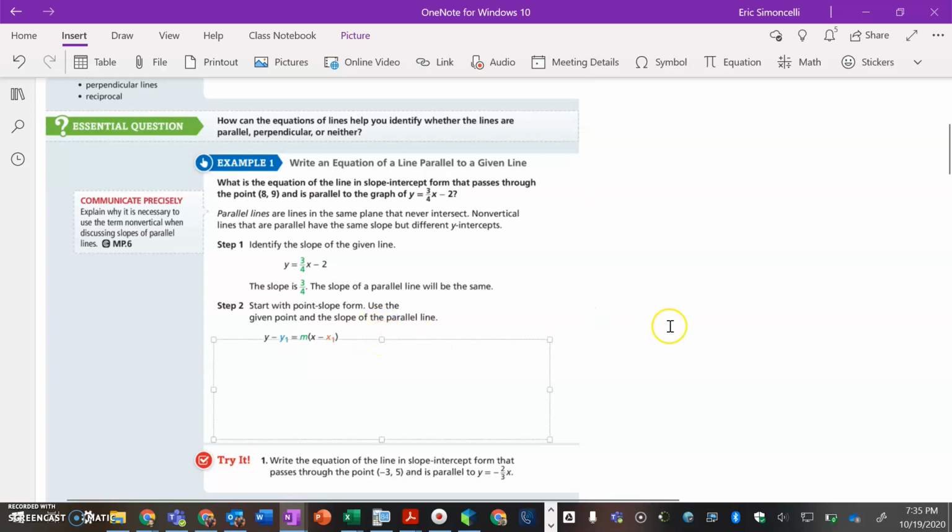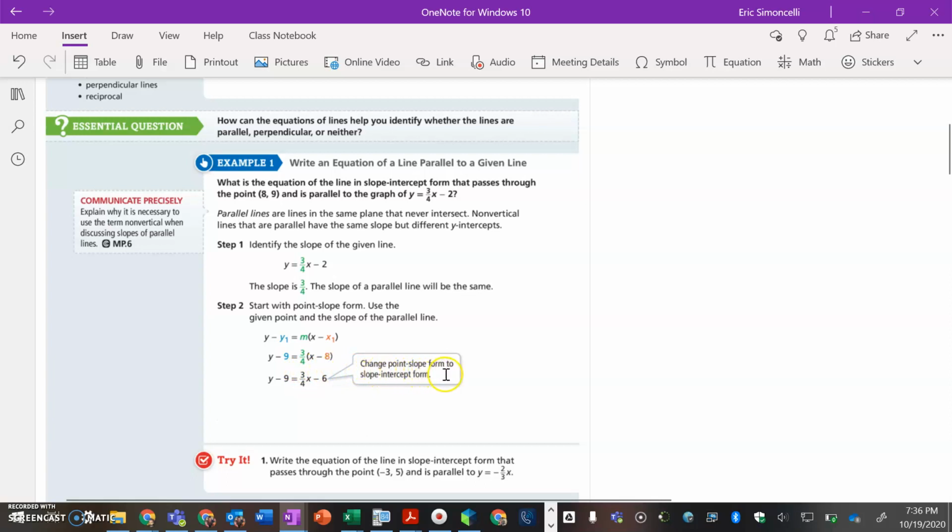We'll substitute y sub 1 as 9, m as 3/4, and x sub 1 as 8. They plugged it in for you, so y - 9 = 3/4 times the quantity (x - 8).